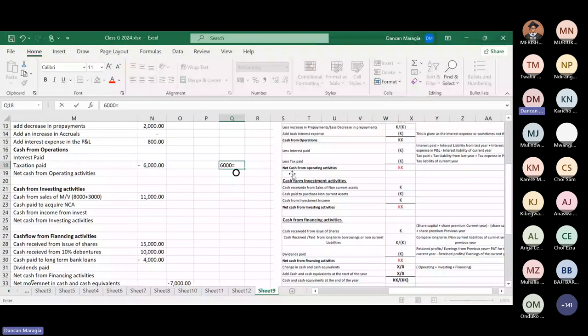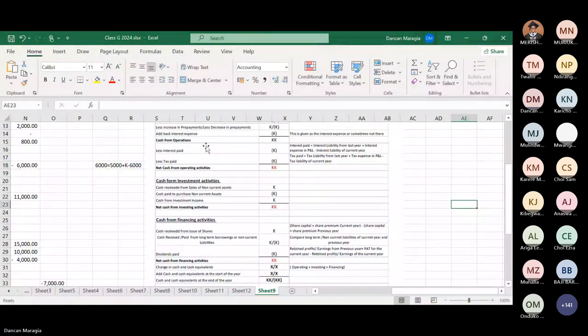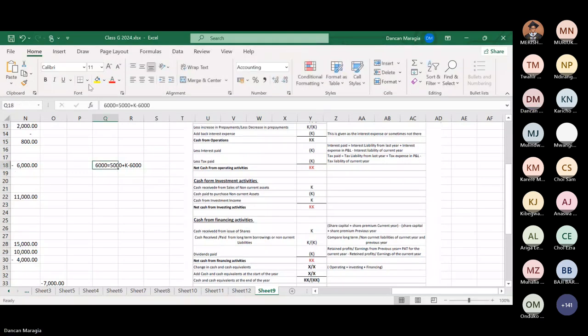So 6,000 should be equal to 5,000 plus the tax expense, which we don't know, K, then minus 6,000. So what was K, which is the tax expense?